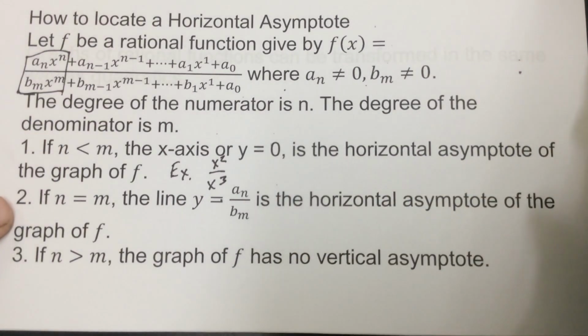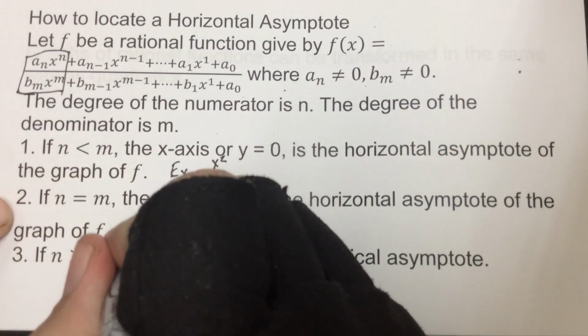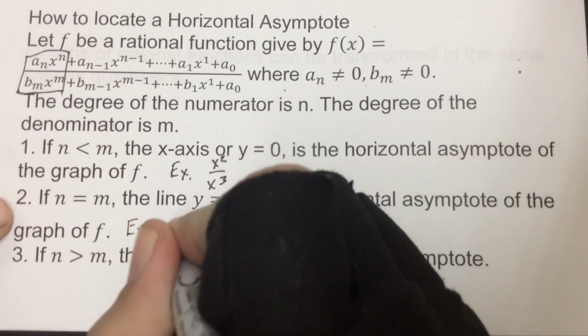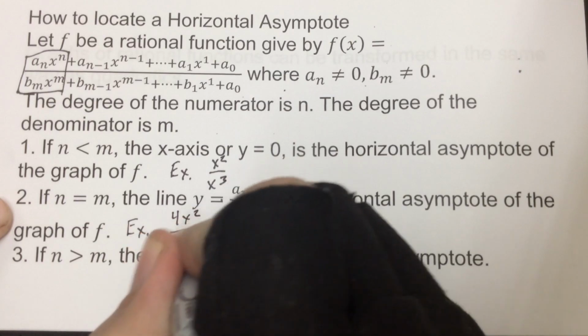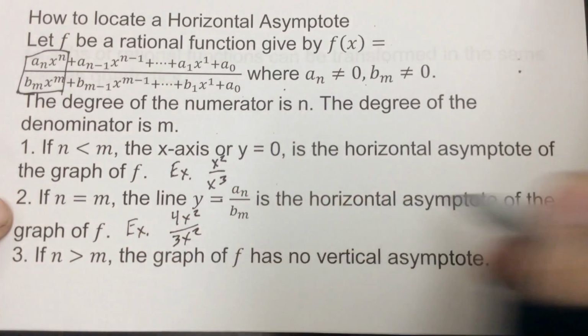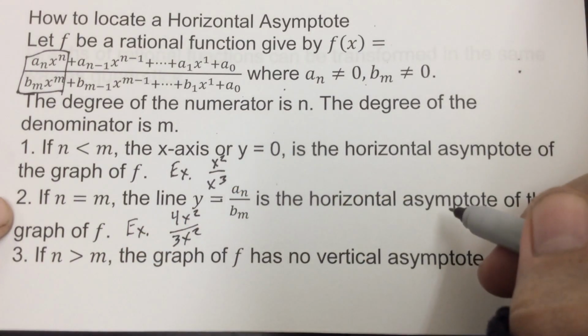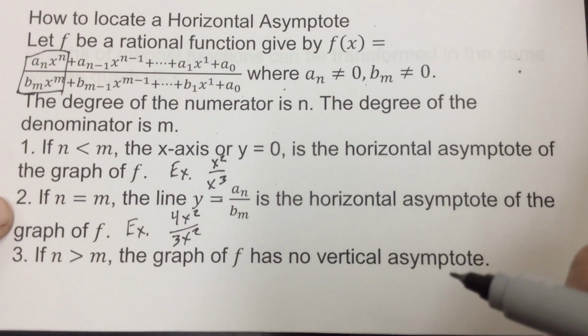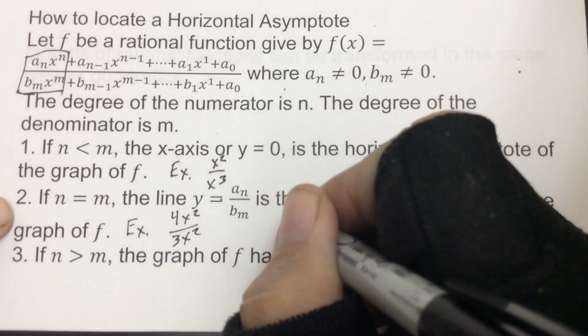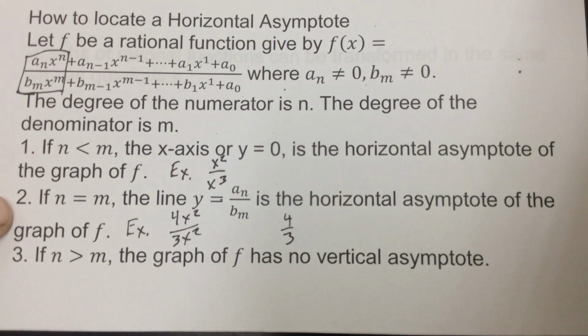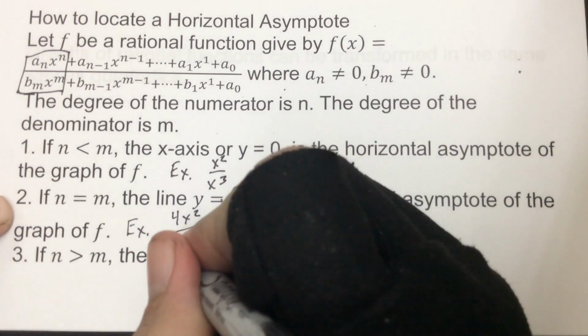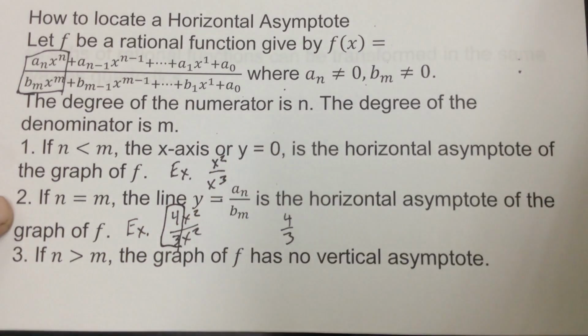If they're the same, so let's say it is 4x squared over 3x squared, your horizontal asymptote is going to be the coefficients of that function. So it's going to be 4 over 3.